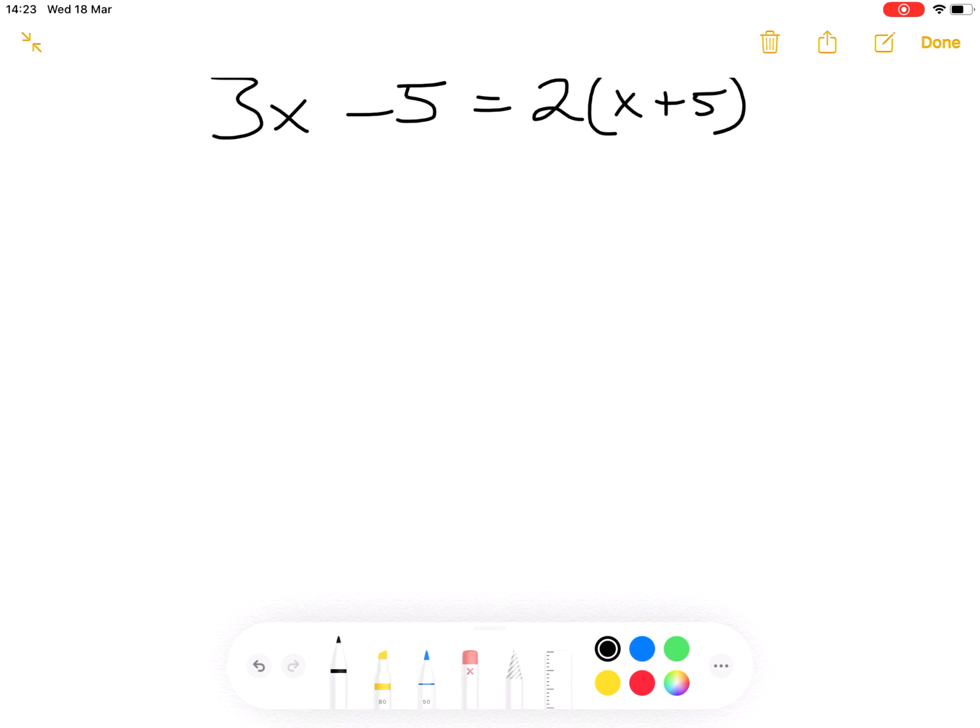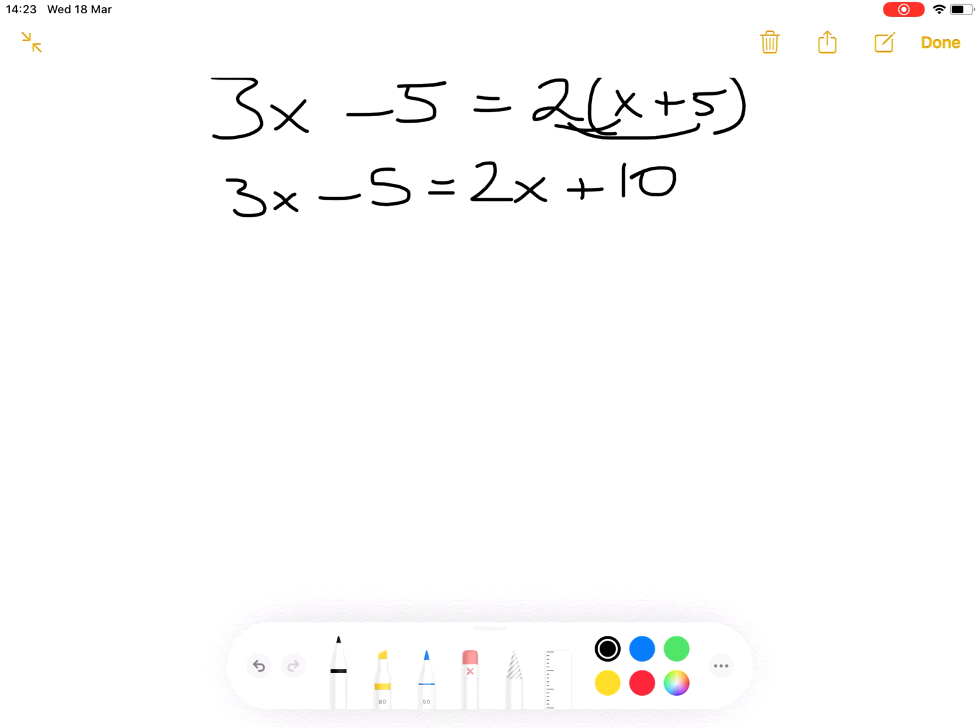So I use my algebra, multiply out my brackets, bring my x's to the left, bring my numbers to the right, and I solve for x. So that stays as is for now, and I get rid of these brackets. 2x plus 10. 2 by x and 2 by 5 gives me that.